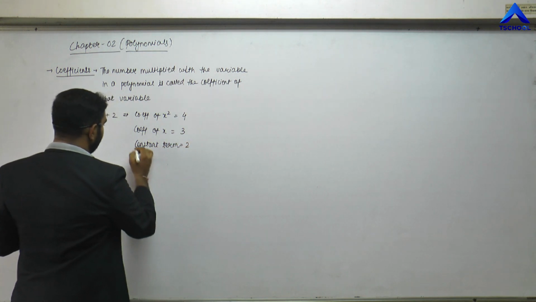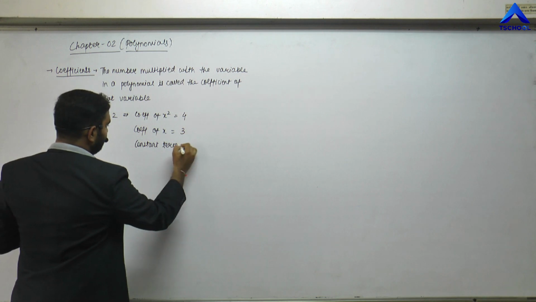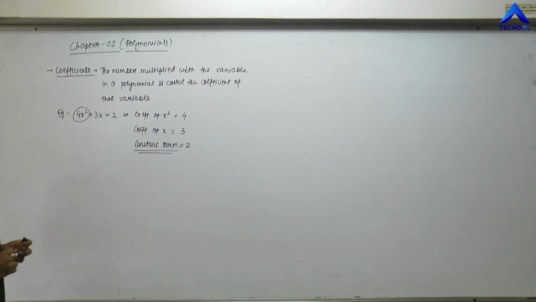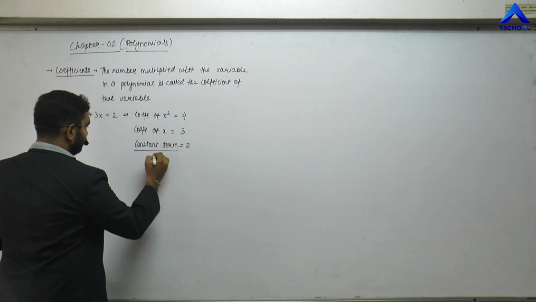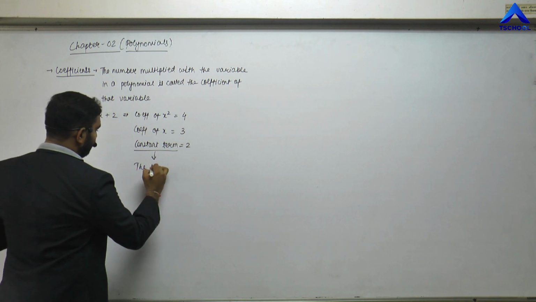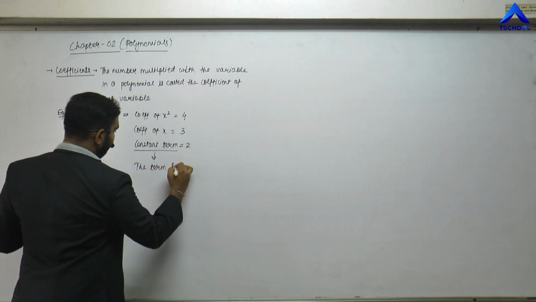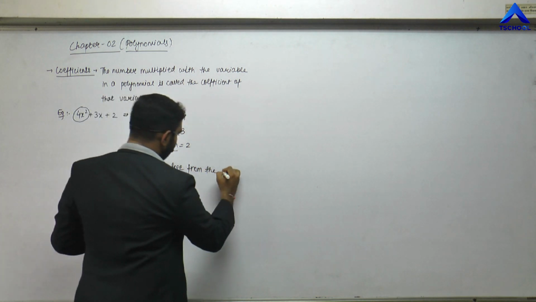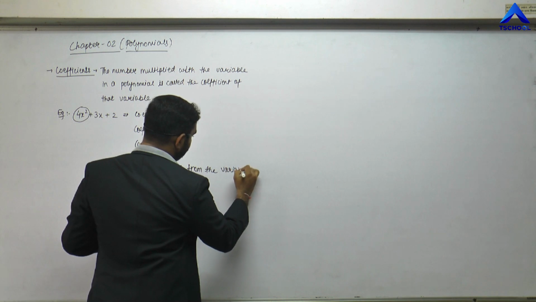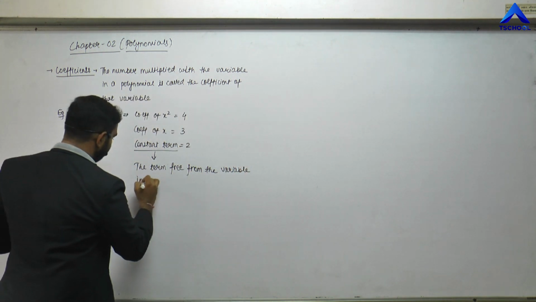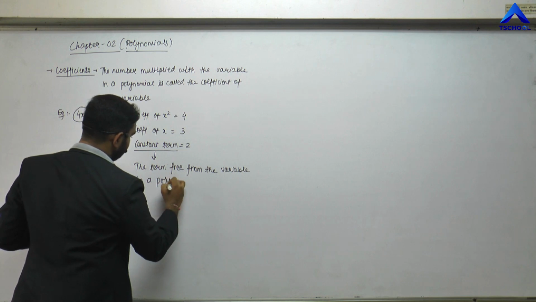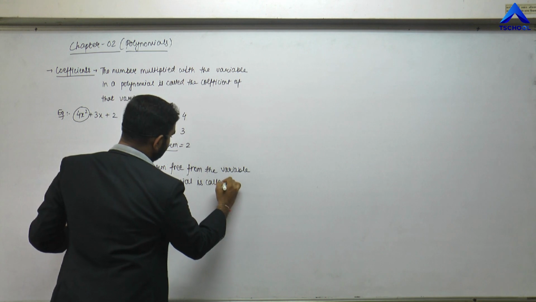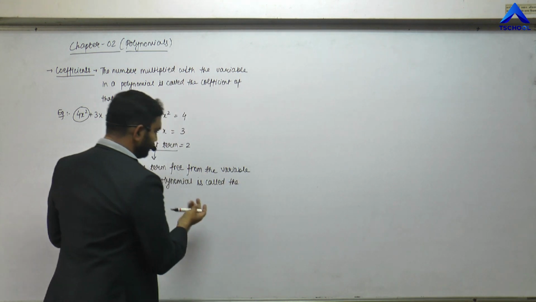is 2. Now friends, you might come to a doubt here that, sir, what is the constant term? The constant term is the term free from the variable in a polynomial.